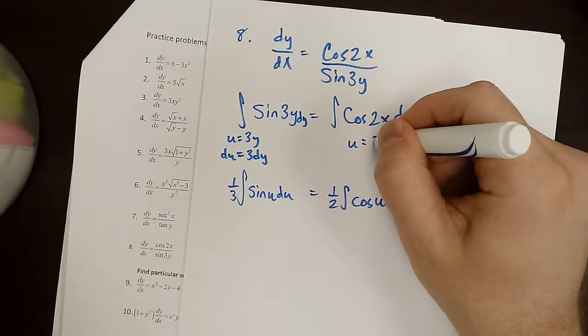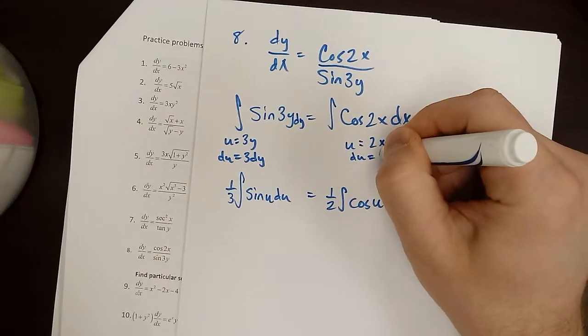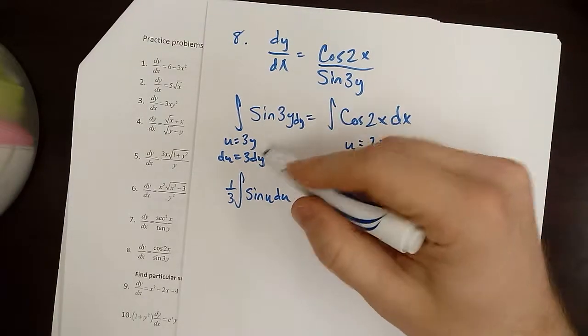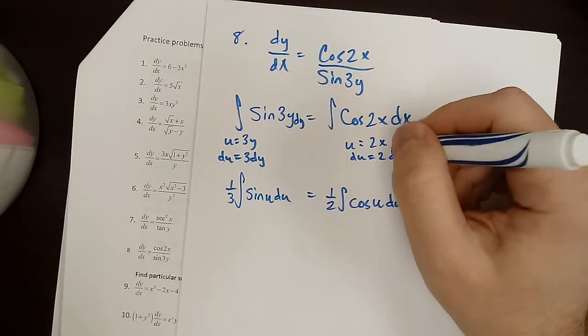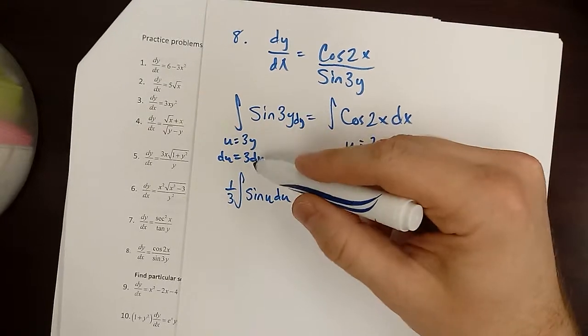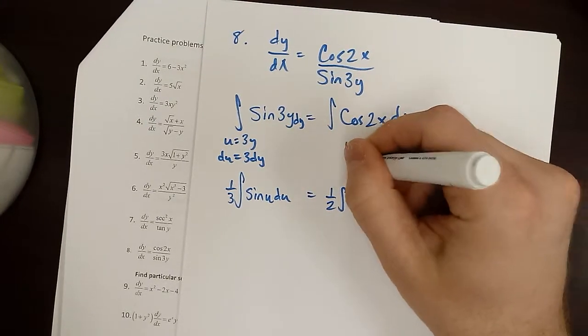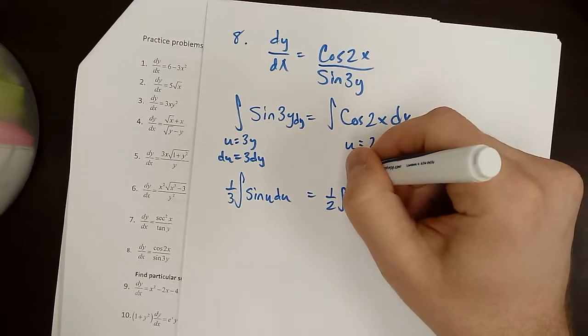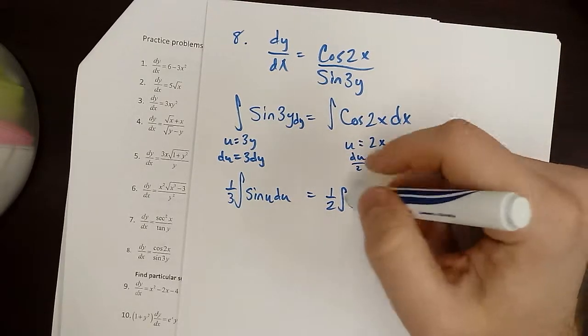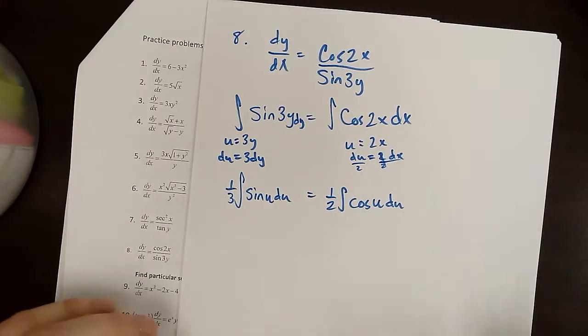U in this one is 2x, so du is equal to 2 dx. So I'll solve this one differently. I mean, I didn't solve that at all, did I? I just manipulated it. So I'll solve this for dx and get du over 2 is equal to dx. Okay.